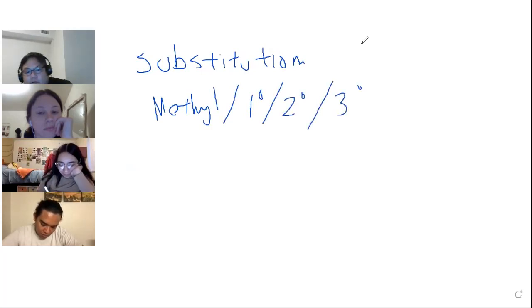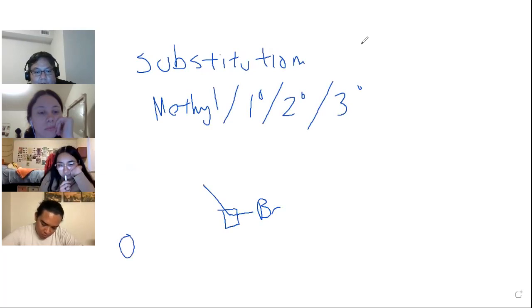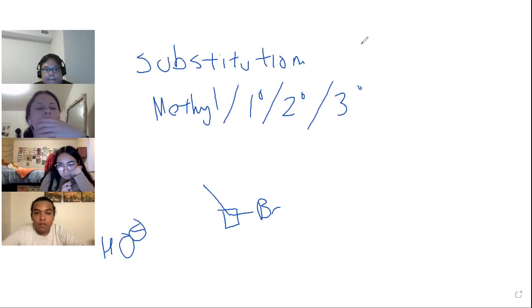So for example, what type of carbon is this? If this is my electrophile and I have my nucleophile coming in, is that a methyl, a primary, secondary, or tertiary? Secondary. Nope. How many carbons is that carbon attached to? One. A primary. It's a primary.